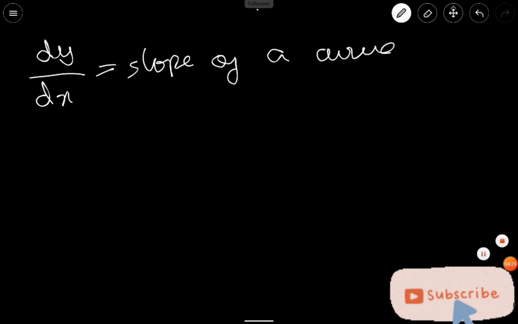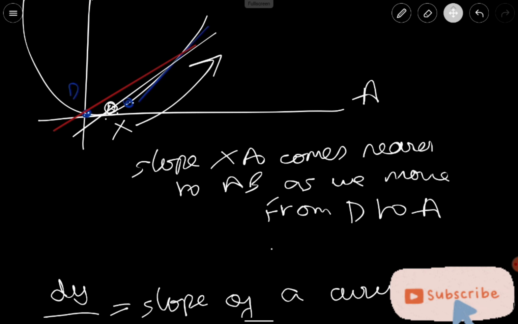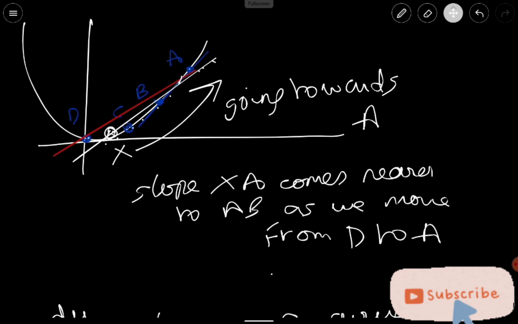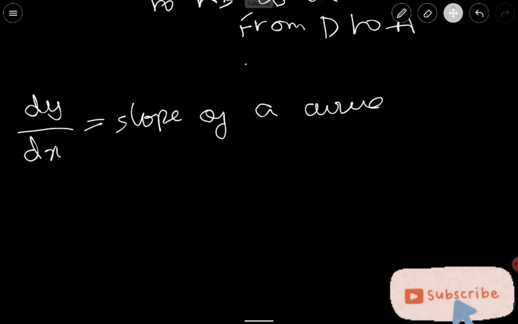So in that way we can say that dy dx is the slope of a curve, and as we saw in this graph, the slope of a curve will change. It will be variable depending on the value of x. So we can say dy dx depends on x.